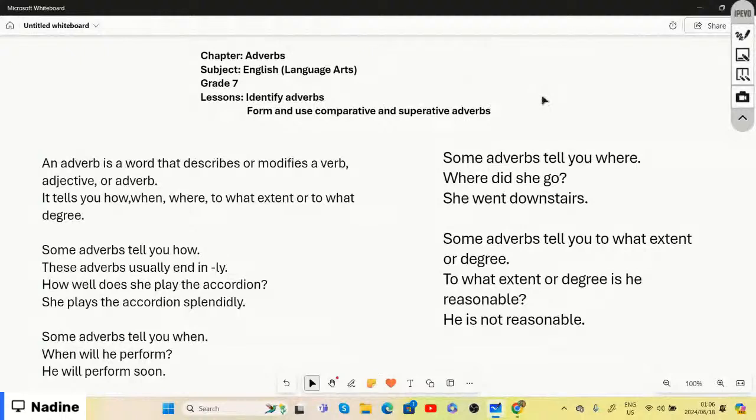So when it comes to adverbs, an adverb is a word that describes or modifies a verb. It tells us more about the verb, an adjective or an adverb, right? So it describes or modifies either the verb, the adjective, or the adverb.